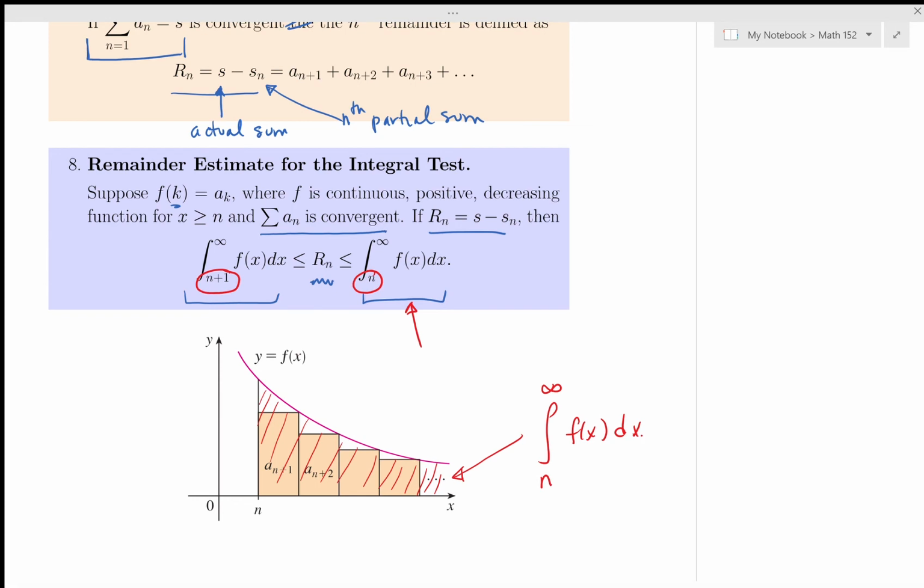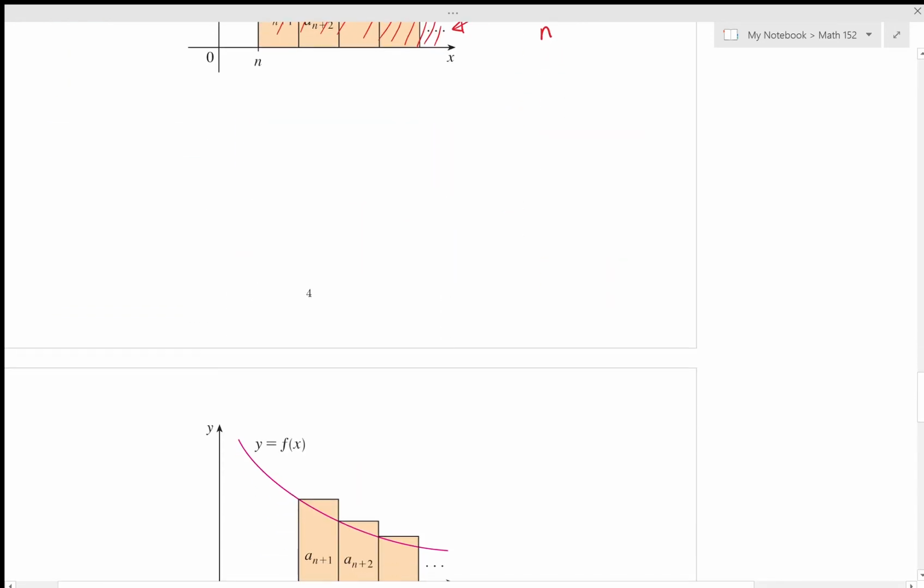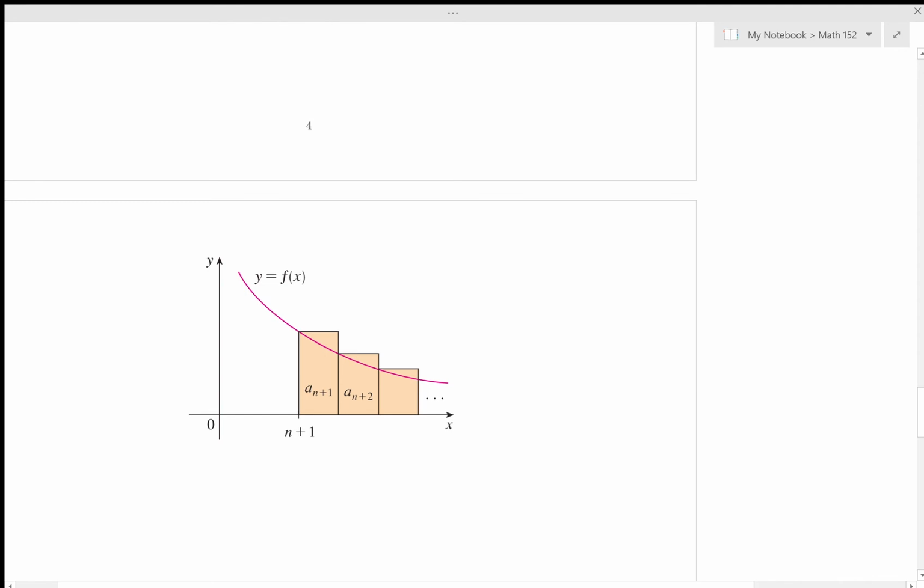And then there's another diagram here. Now the area in red on this diagram is the integral from n plus 1 to infinity of f of x dx.